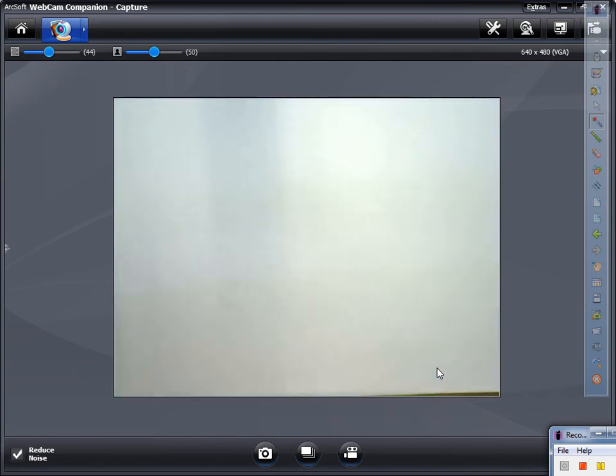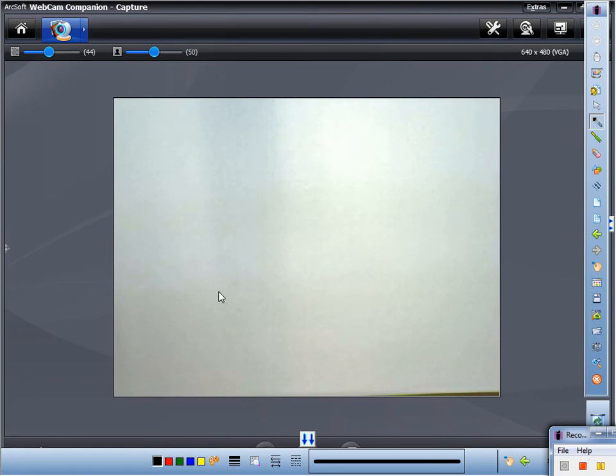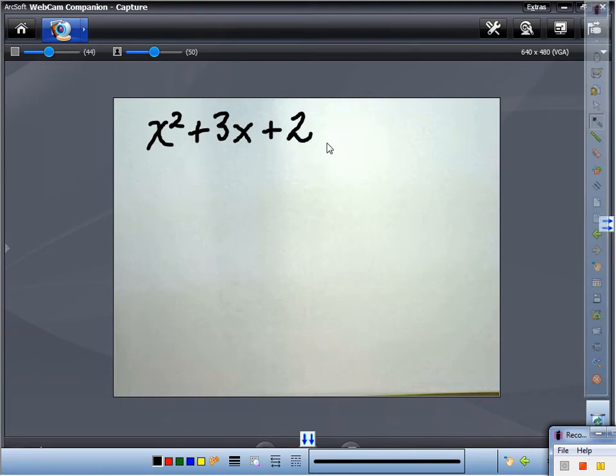Alright. So, let's see if we remember what we have in front of us. For right now, you got them all together, right? So this is what I want you to get in front of you, the following polynomial. Ready? I want you to show me x squared plus 3x plus 2, x squared plus 3x plus 2 using tiles.